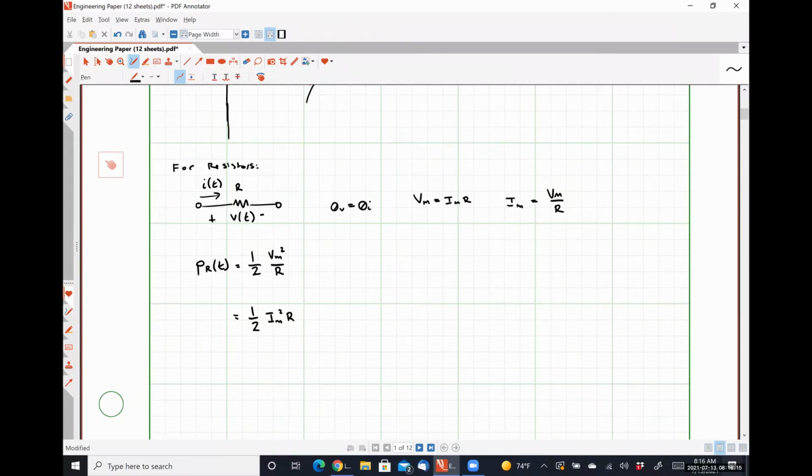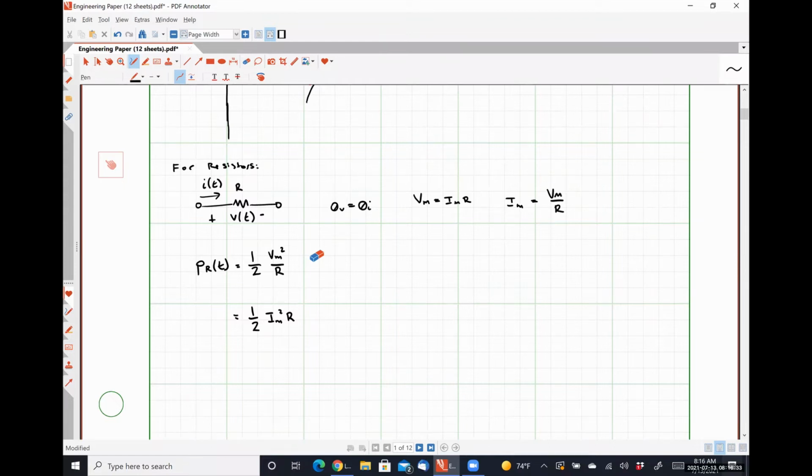Then I'm going to have cosine of theta V minus theta I, right?